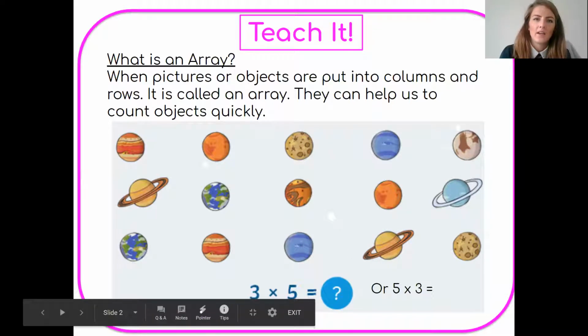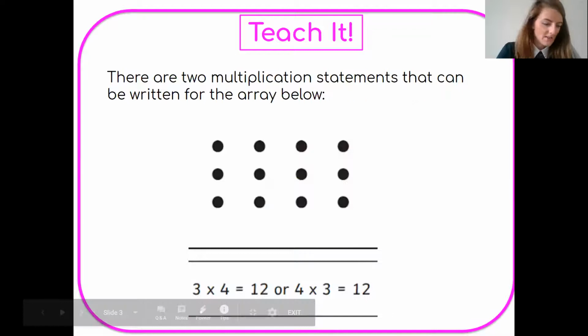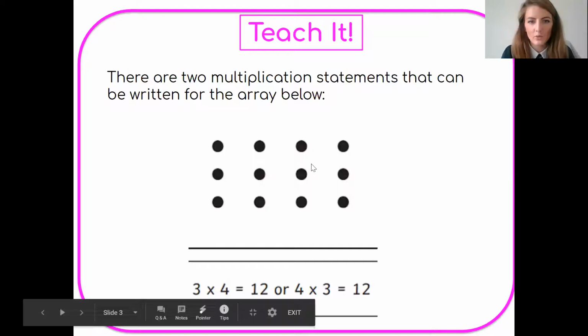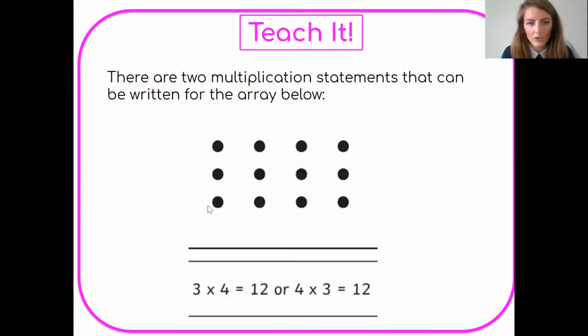Here are some multiplication statements that are written for the array there with the dots. It can be 3 equal groups with 4 in each group, which gives you 12. So that's the rows, 3 equal rows with 4 in each one, which gives you 12. Or you can do 4 equal groups with 3 in each group.